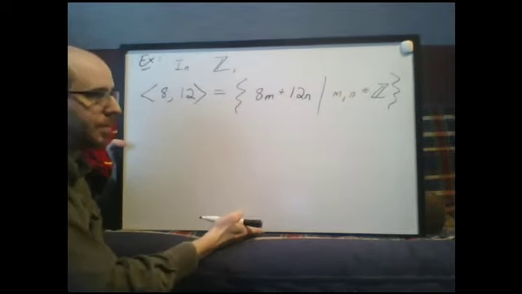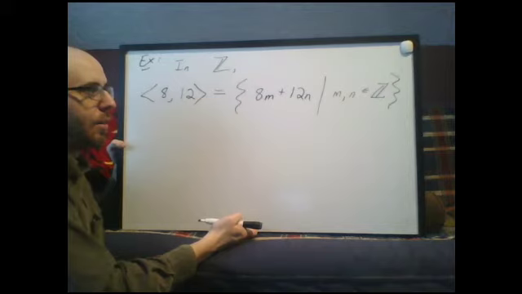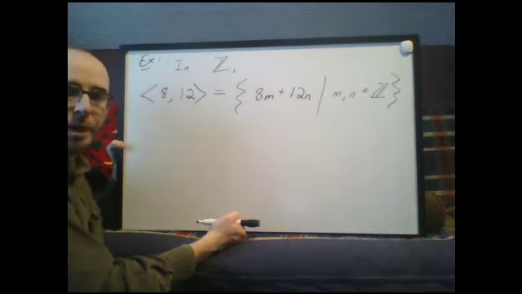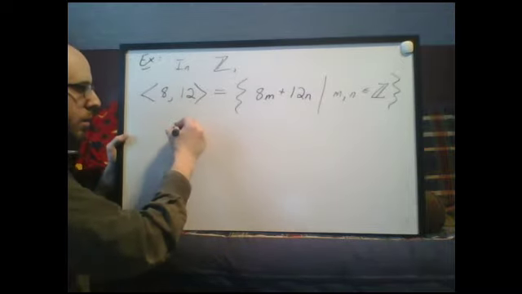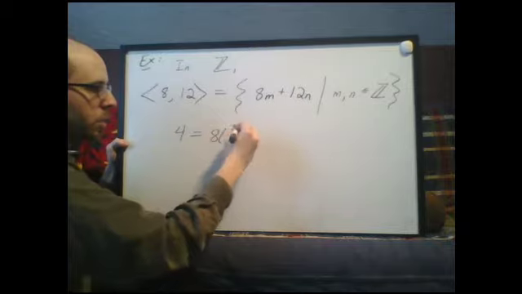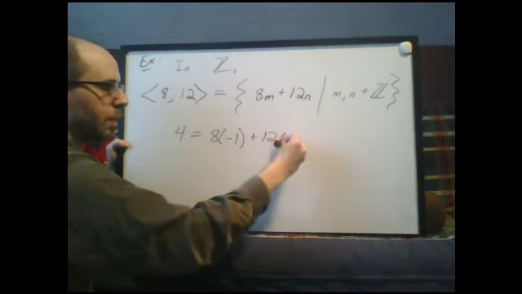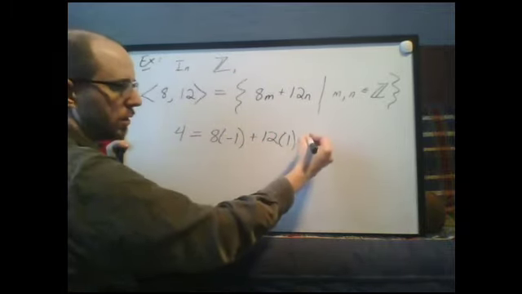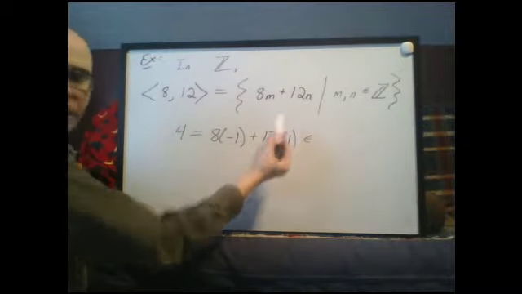Now, what is one element that can be written like that? Well, 4. That's equal to 8 times minus 1 plus 12 times 1, for instance. So that fits this form.